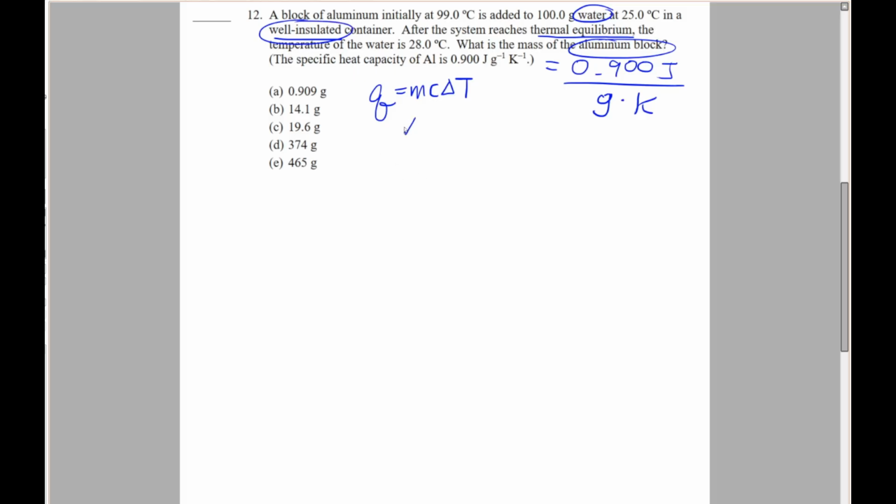That's important because we can set the Q, or the heat energy, of the aluminum block equal to the negative of that of water. And if you rearrange this, you can get both of them on the same side, so you can get something like this is equal to 0.